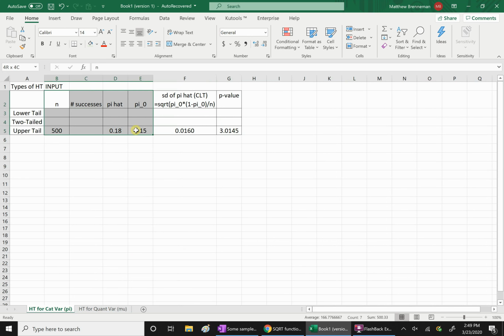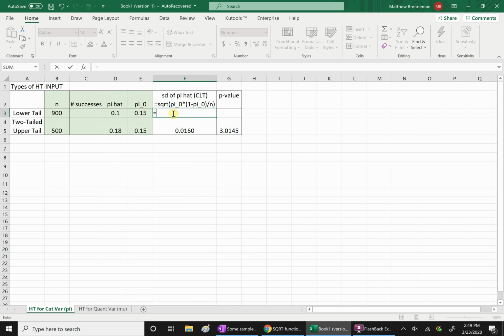This was the input that we needed. Here I have a sample size of 900. I don't need a number of successes because I'm given pi hat, 0.1. This is 0.15. And I'm just going to use the same formula: the square root of pi naught times the quantity 1 minus pi naught divided by the sample size. And there we are.